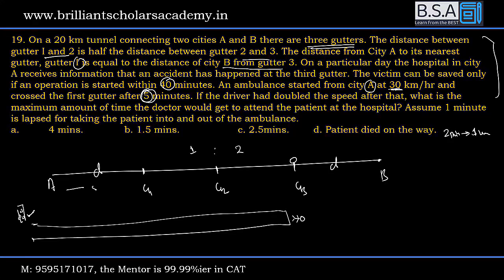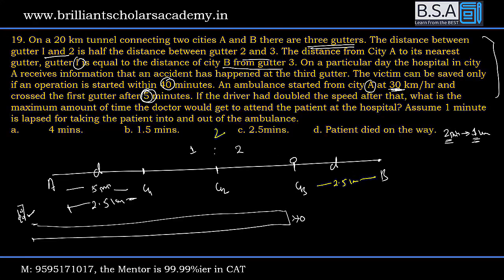It took 5 minutes for this gutter to be crossed. Please observe. 2 minutes is 1 kilometer. 30 kmph means 2 minutes is 1 kilometer. That means 5 minutes means 2.5 kilometers. This is 2.5 kilometers. That would also mean this is 2.5 kilometers.